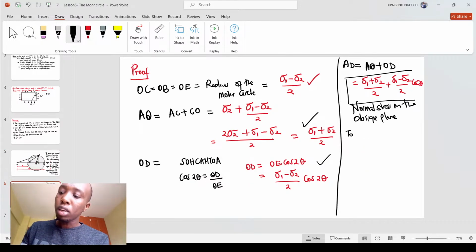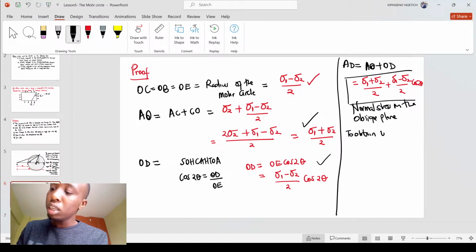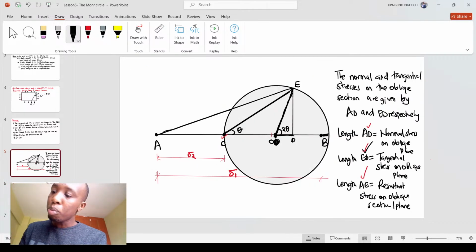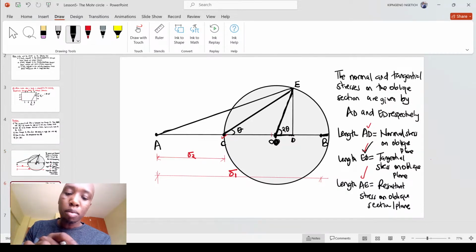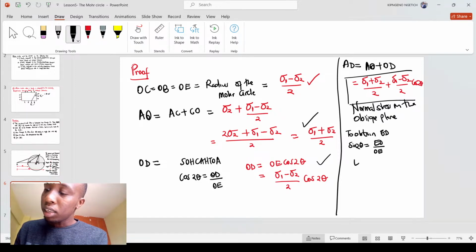To obtain ED, sine of 2 theta will be opposite over hypotenuse. Opposite is ED over OE. Very good. ED over OE. What does that mean? That ED will be OE sine 2 theta.